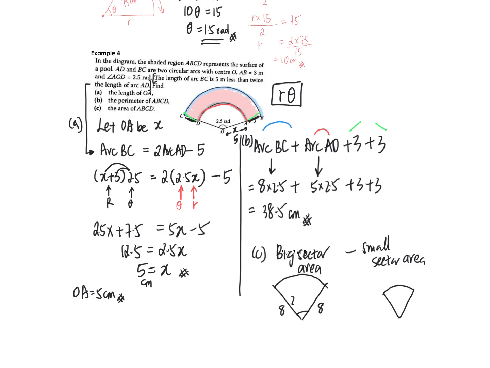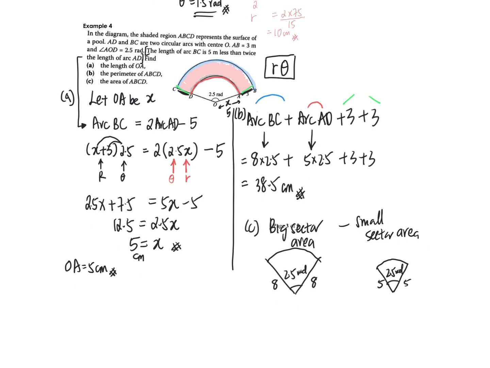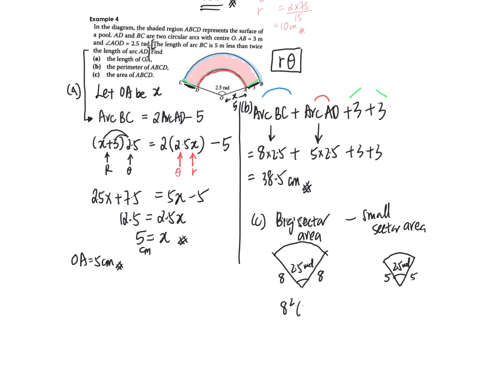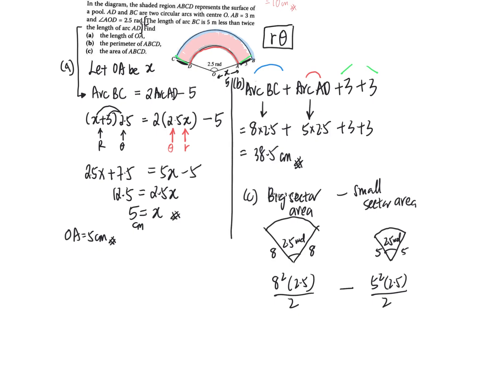The angle is always 2.5 radian. The small one is 5 cm, and this one is 2.5 radian. So use the formula r square theta over 2. Remember, sector area formula is very, very simple.